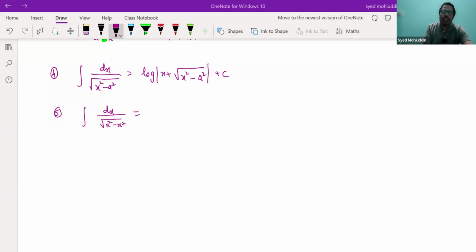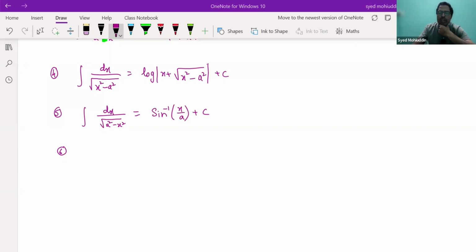So we get sine inverse of x by a plus the constant of integration c. If x square comes first and then a square, the formula is log. But if a square, the constant, comes first and then x square, the variable, this will be the formula. So you should be very careful while remembering these formulas.